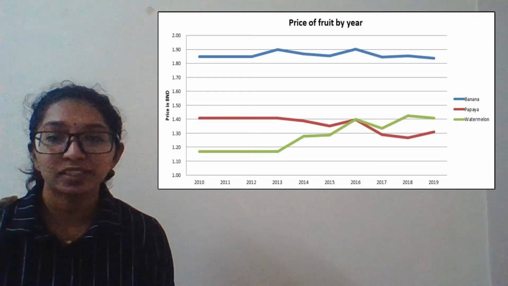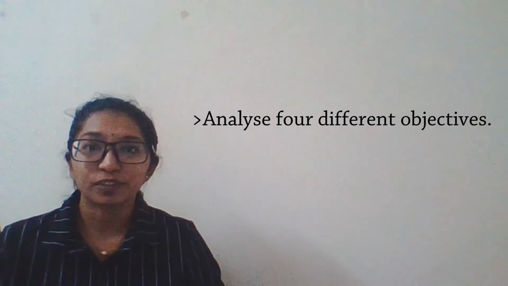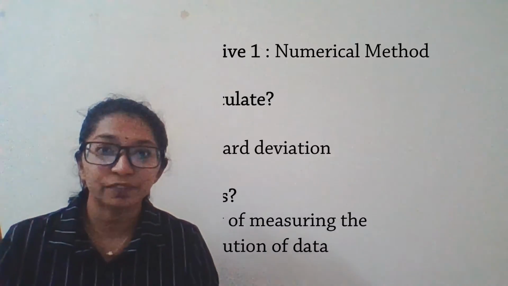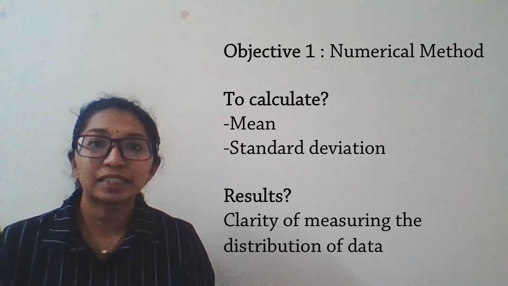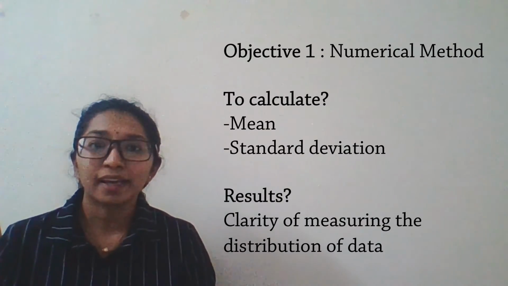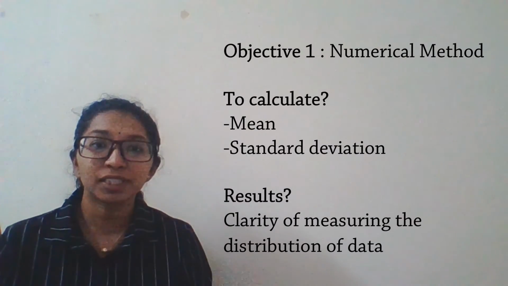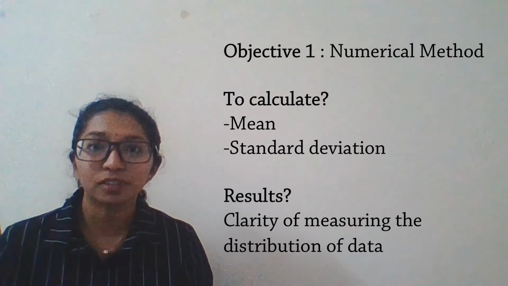For our project, we have analyzed 4 different objectives. For the first objective, we have used a numerical method to calculate the mean and the standard deviation that was derived from the mean. Through calculating the standard deviation, it gives better clarity about measuring the spread of data distribution of the dataset.